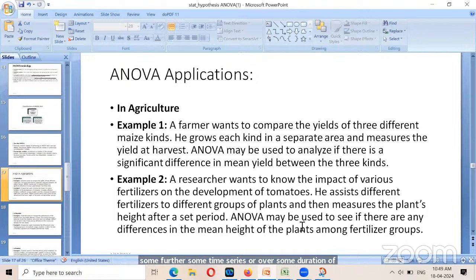So in both of these cases, ANOVA will not fail to give the result. Rather, it will give you more accurate predictions that you can take into the decision for the next crop. Okay, so that is the beauty of ANOVA. In every sector, it has use.